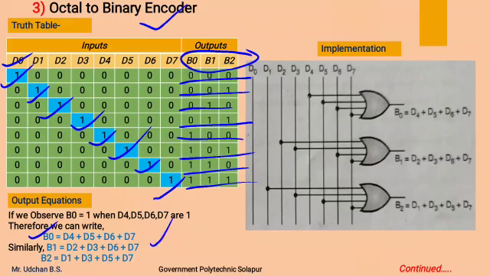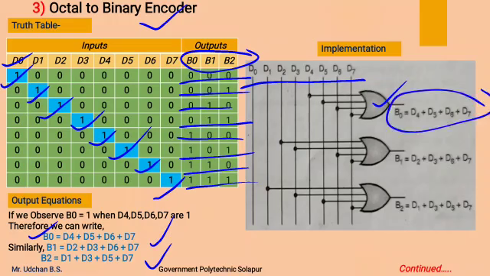Similarly, the expressions for B1 and B2 are written over here, and using these expressions we can implement the octal to binary encoder, which has 8 input lines. So we require D0 to D7 lines, and using these lines we can get the outputs. For B0 an OR gate is used, to which D4, D5, D6, D7 lines are connected to get the final B0 output.